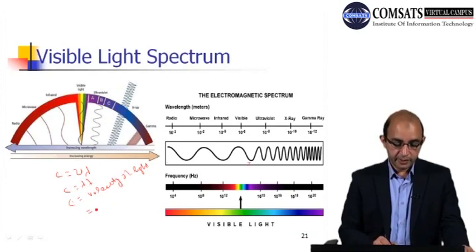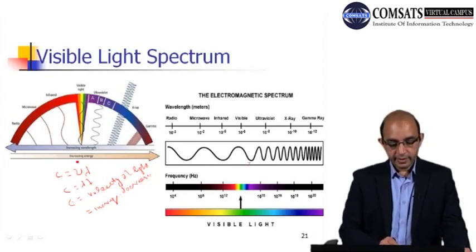So if we talk about the wavelength, because it is mentioned wavelength over here, the wavelength is increasing. So one factor is increasing, and remember that c is a constant, so the other has to decrease.